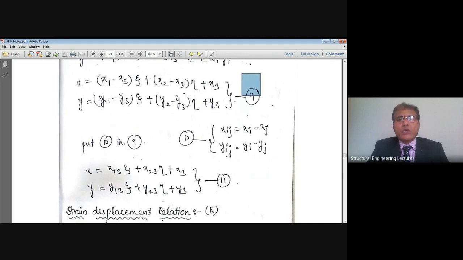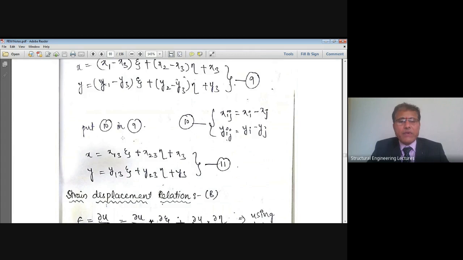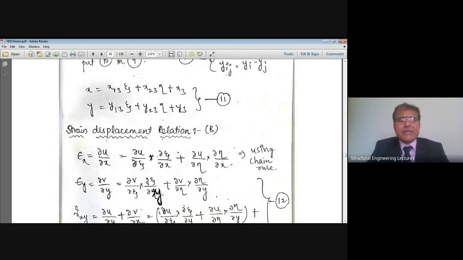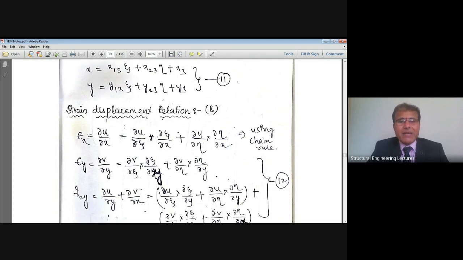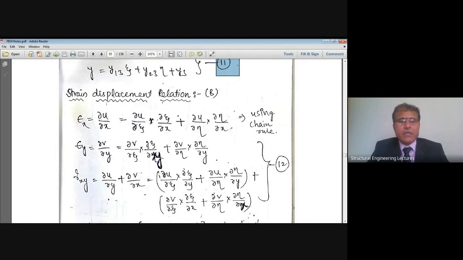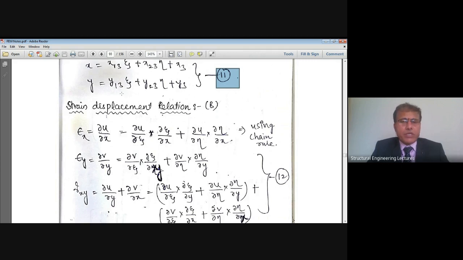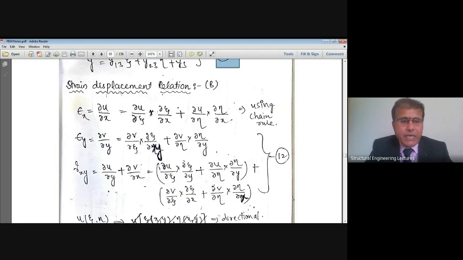Let us use this notation: xij means xi minus xj, yij means yi minus yj. This is the 10th equation. Using this notation, the above ninth equation can be written as x is equal to x13 xi plus x23 eta plus x3, y is equal to y13 xi plus y23 eta plus y3. Let it be the 11th equation. That is how the isoparametric formulation works, students, I hope you are understanding.